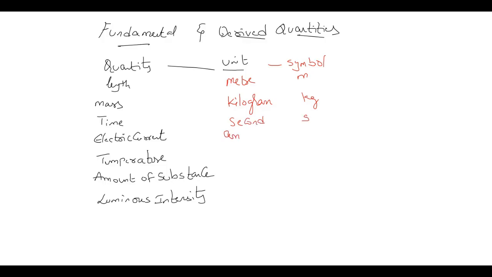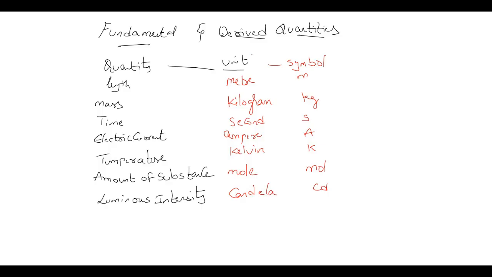Electric current is ampere, denoted with capital A. Temperature, Kelvin, denoted with capital K. And amount of substance, unit is mole, denoted with mol. And the luminous intensity is measured in units called candela and denoted with cd.